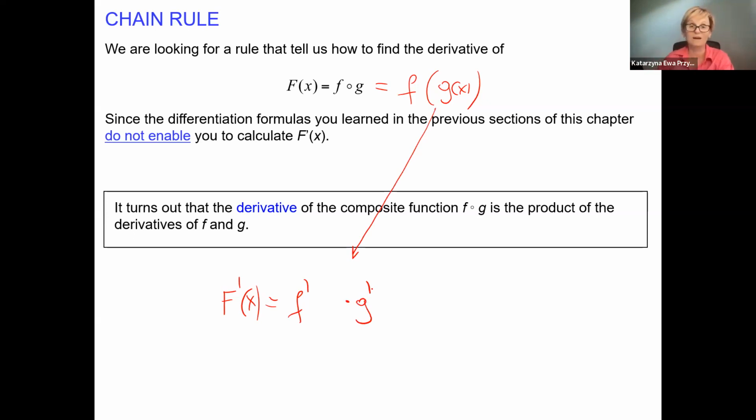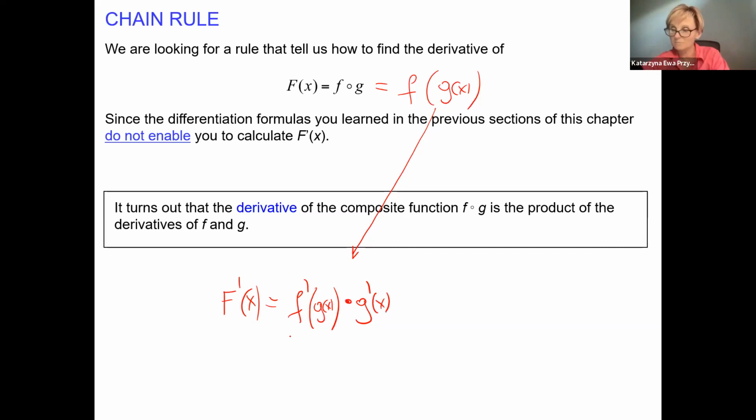We have to identify the outer and inner functions. However, the outer function will still depend on the identical inner function. This is sometimes a little bit challenging or confusing, but when we practice, it's nice and clear. The inner function just depends on x.